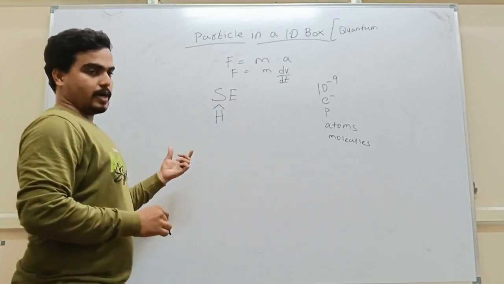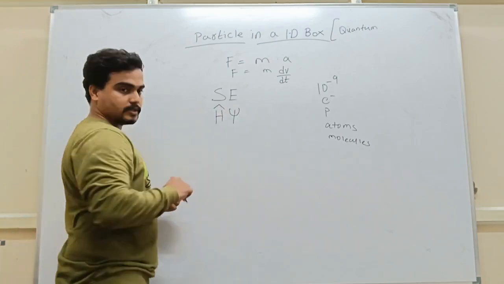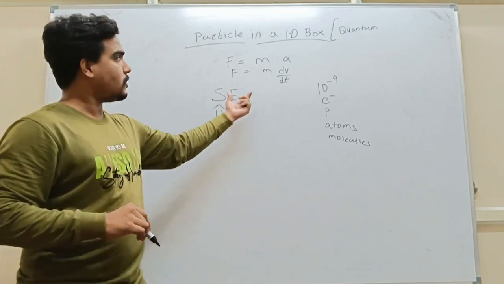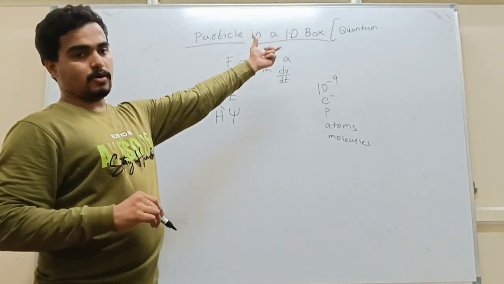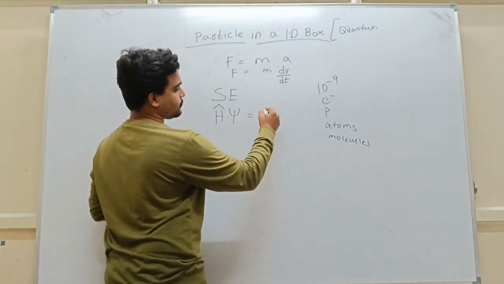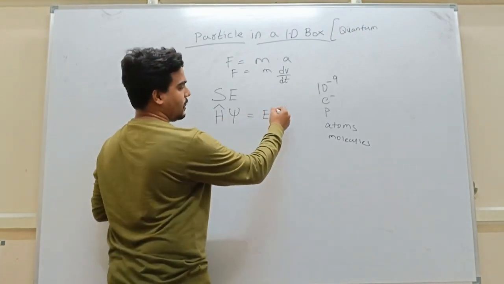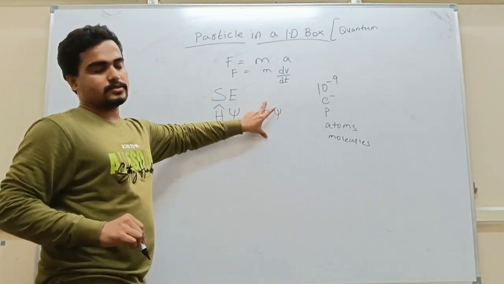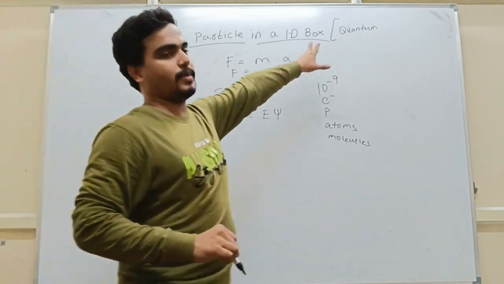Then we have a wave function, which defines the behavior or property of the microscopic system, and this will be equal to a constant value E multiplied by the wave function. This is given by the Schrödinger equation. This is nothing but Newton's equation in quantum mechanics.